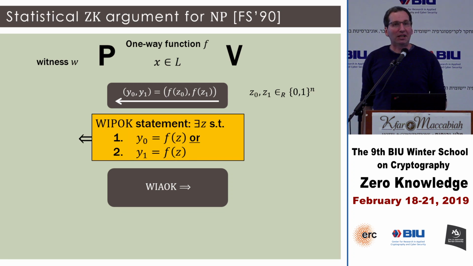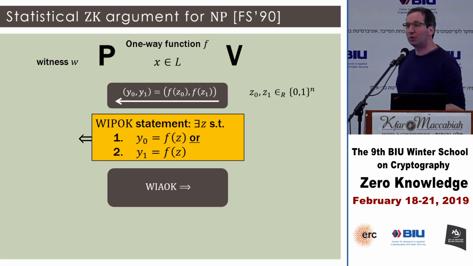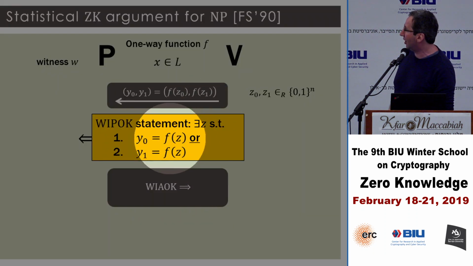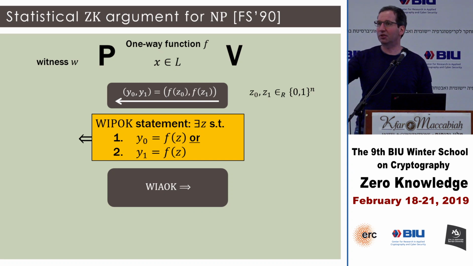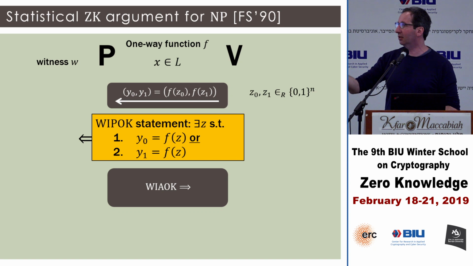What is the NP statement that is being proved in the witness indistinguishable proof? That there exists a Z, so that either Z is a preimage of Y0 under the one-way function, or Z is a preimage of Y1. So this is our NP relation. It's hard on the average to find a witness, and there is more than one witness for every instance.